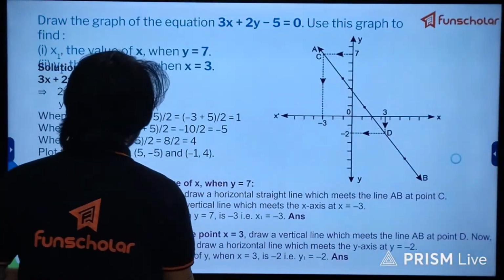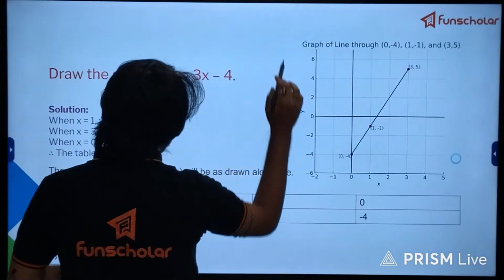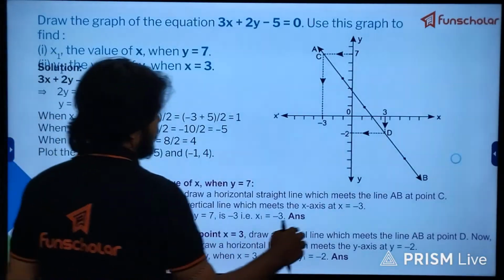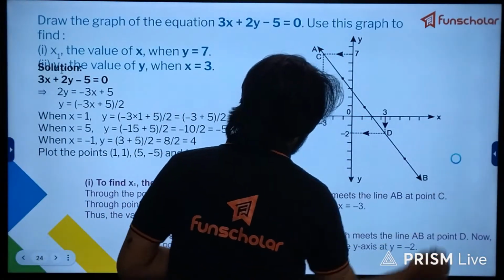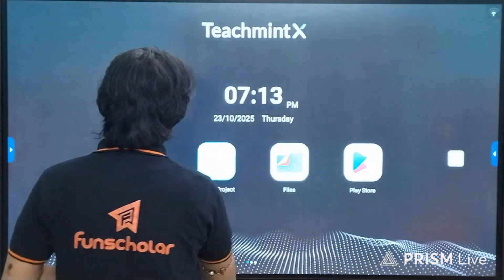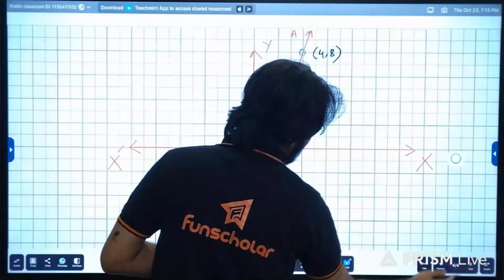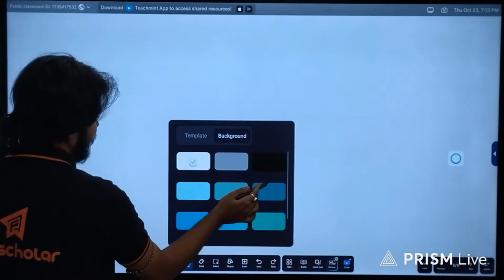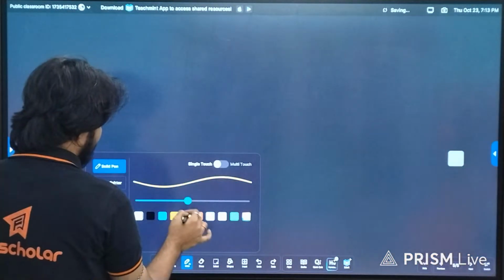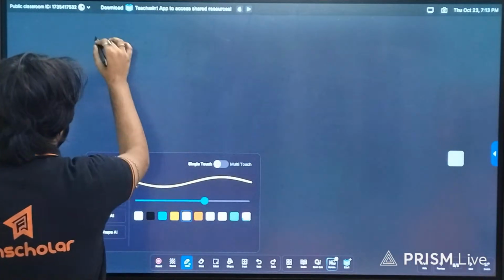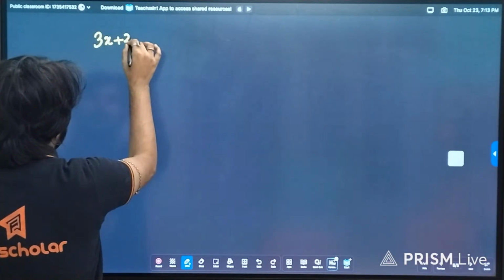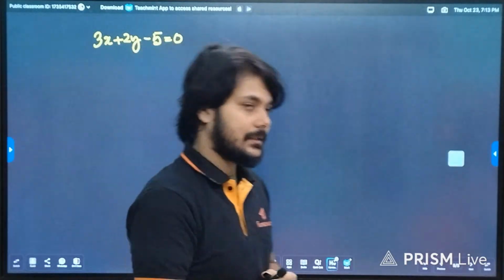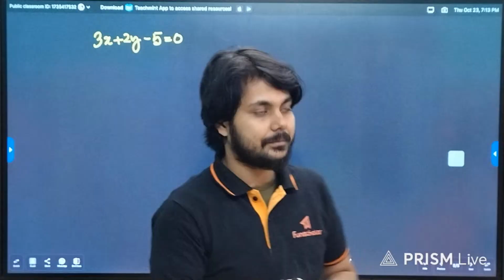Just remember the equation 3x plus 2y minus 5 equal to 0. This is the expression that we have been given.